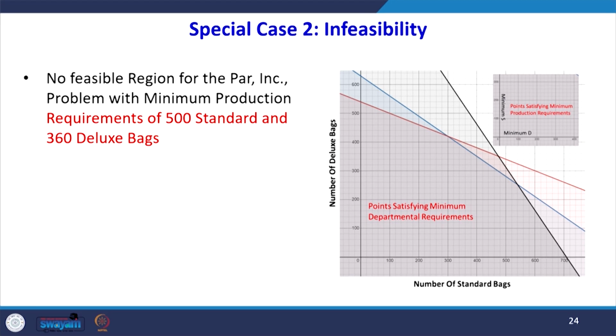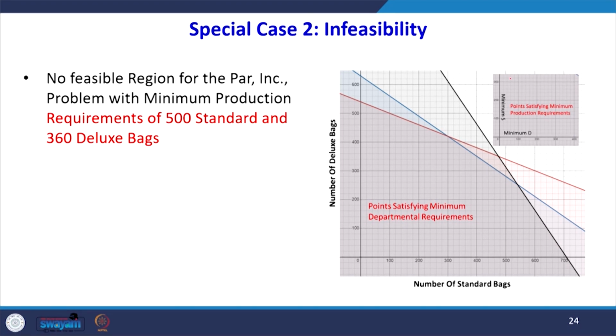The case number 2 is infeasibility. Okay. When the infeasibility situation will come, for example, the company is creating another 2 new constraints. What are the 2 new constraints? So they want to have more than the requirement of 500 standard bags and 360 deluxe bags, minimum it is required. So what will happen when you draw this?